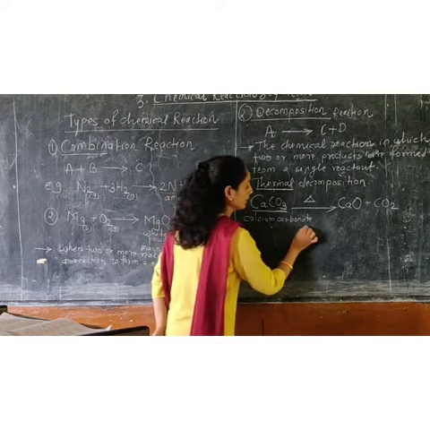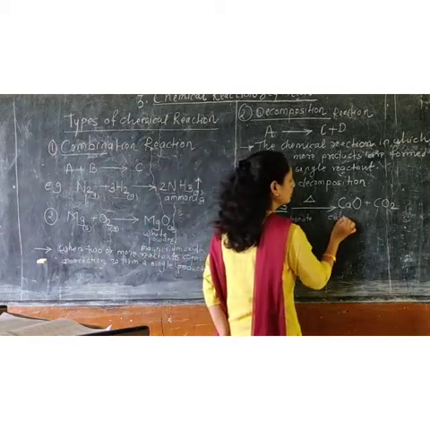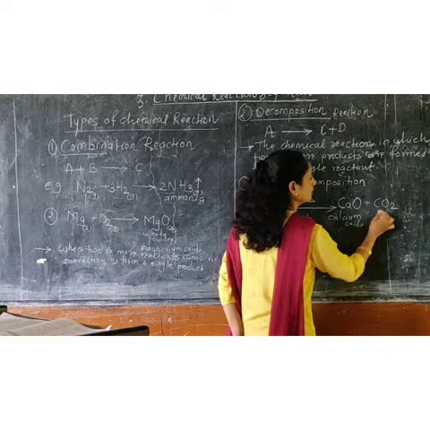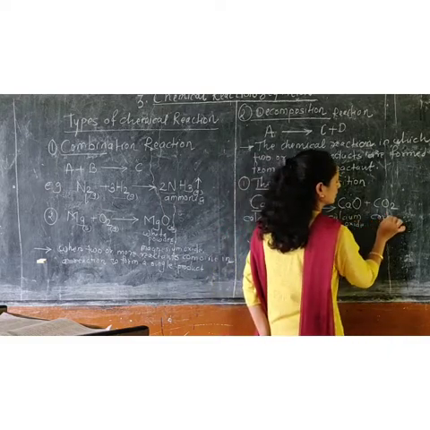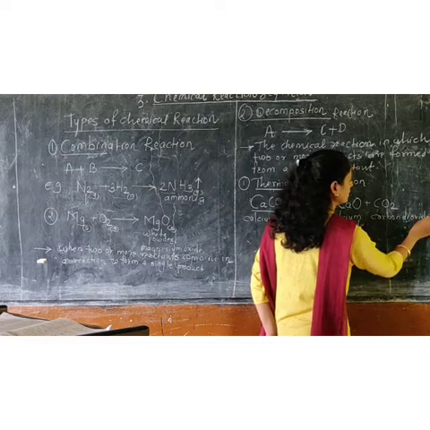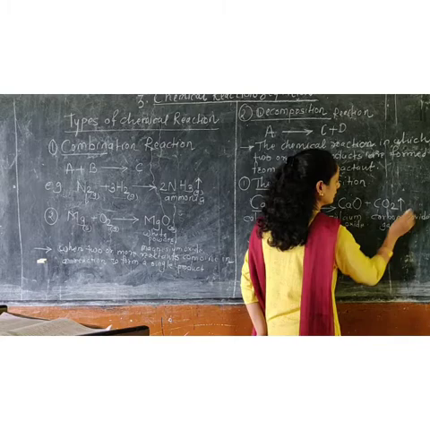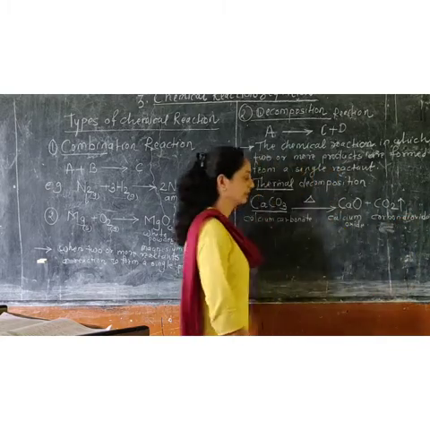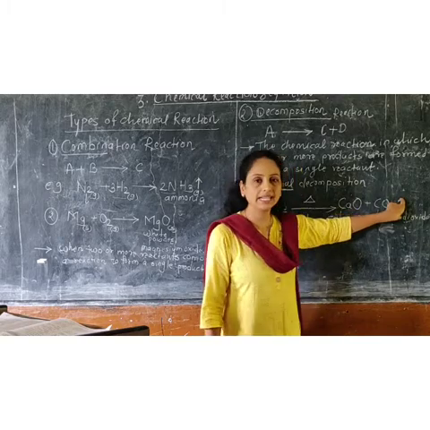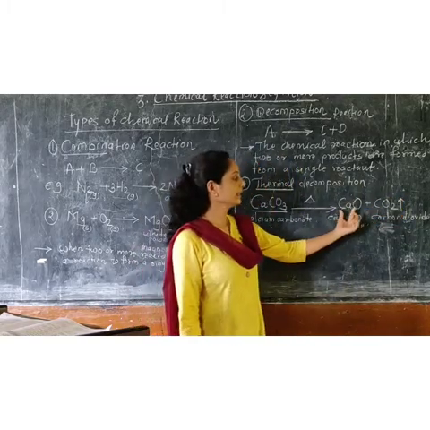So calcium carbonate is broken down, or decomposed, to form calcium oxide plus carbon dioxide gas. That CO2 is a gas, therefore an upward arrow is written at the end of CO2.